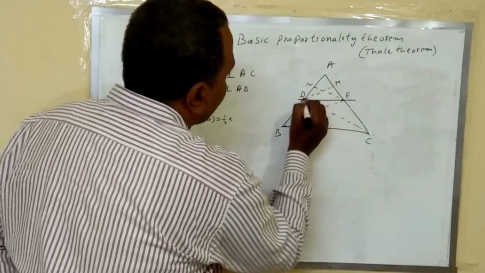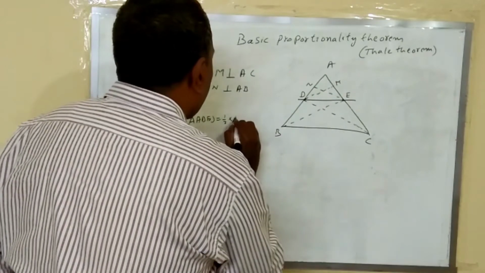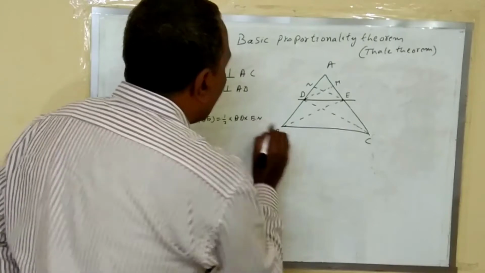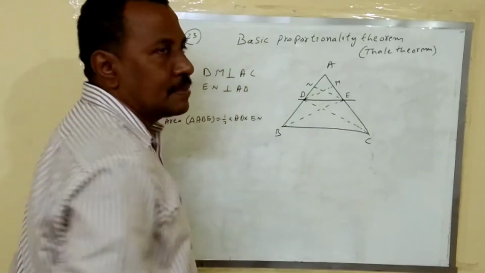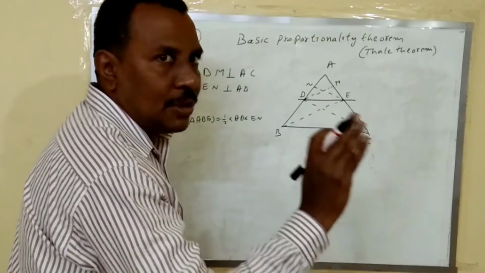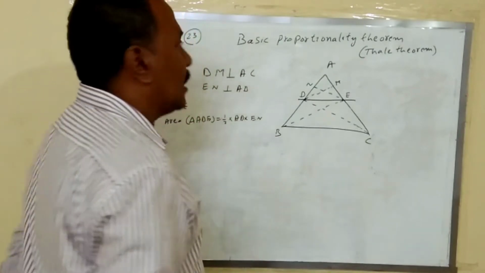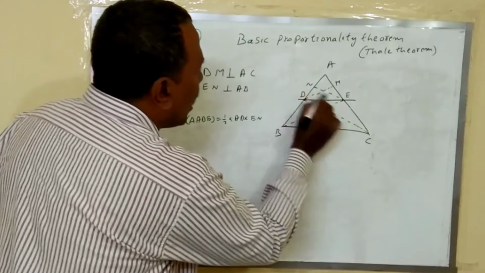I take AD as the base. You can take any side as the base. Half into AD into EN. What is EN? EN is nothing but the altitude of this triangle. What is an altitude? Altitude is height, a perpendicular line joining a side and the opposite vertex. So that is called an altitude. Okay, so half into base AD into altitude EN.